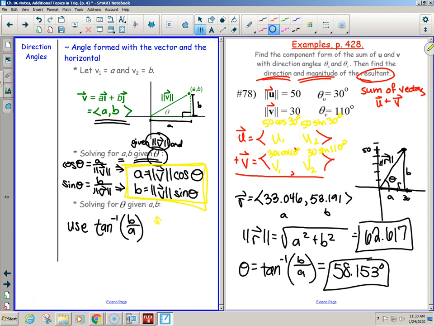Since tangent of the angle is the opposite over adjacent, how do I get to the angle if it's stuck in a tangent? Tan inverse both sides. So how do I get to theta? If I have a tangent, I need to take tan inverse of both sides. So tan inverse of this side would get me to theta.